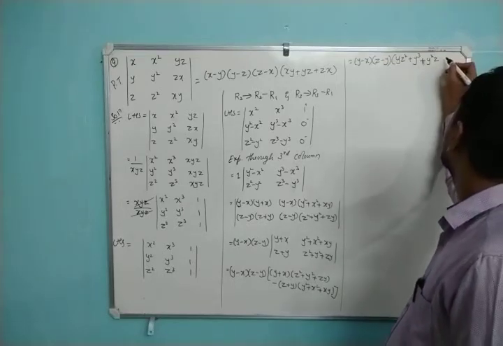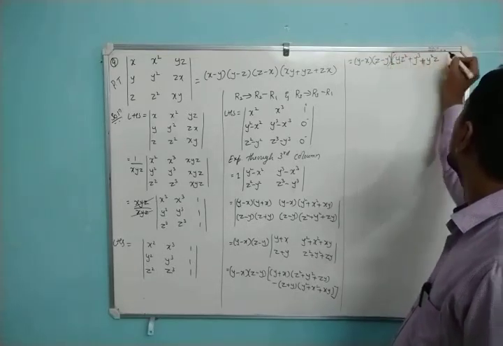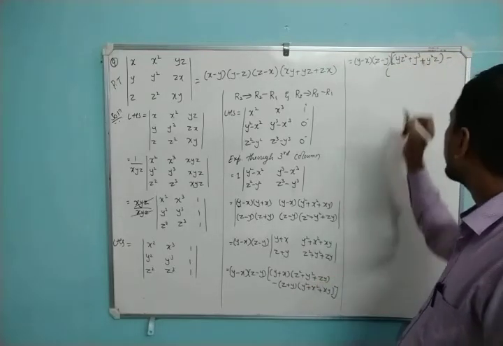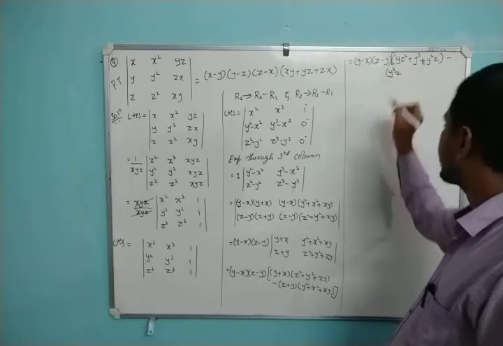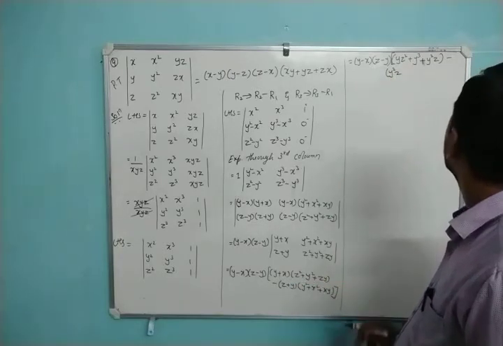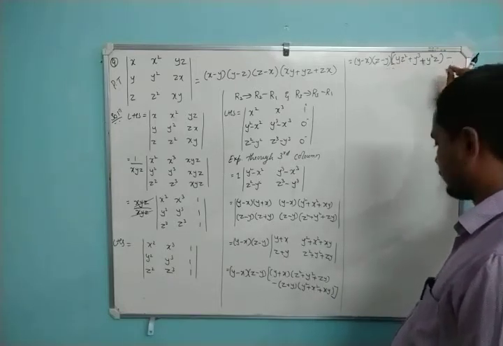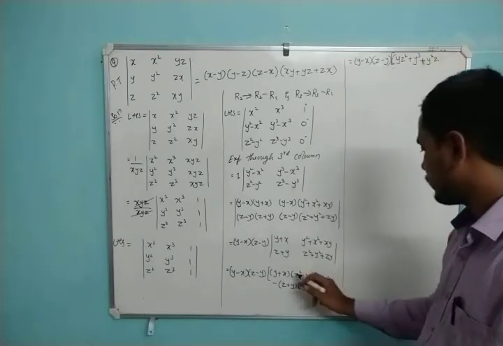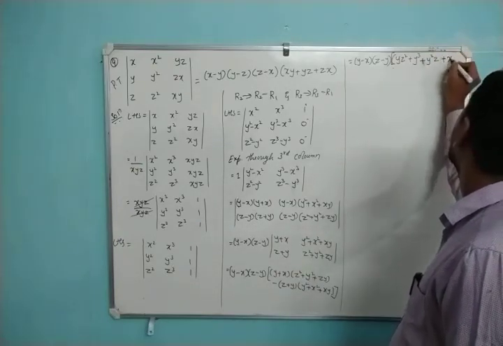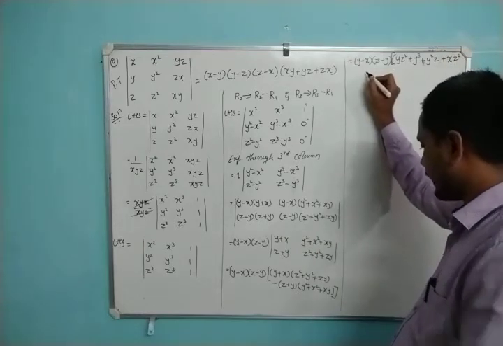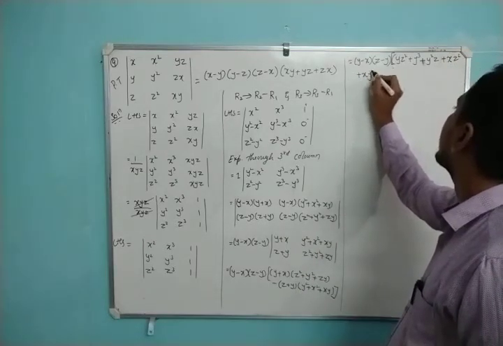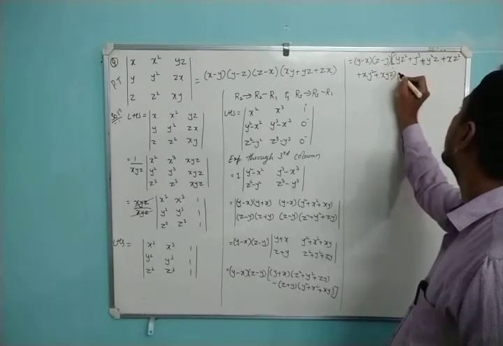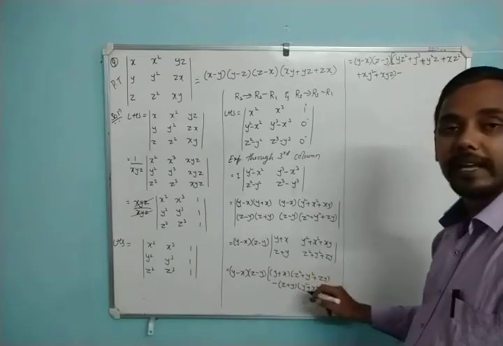Okay. So minus z into y square z. So x is remaining. Okay. So x into z square, xz square, x into y square, xy square, x into zy, xyz. Okay. So this completes multiplying with y and x.